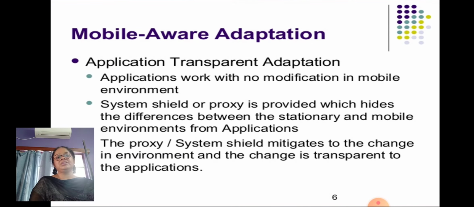Application transparent adoption. Applications work with no modification in mobile environment. A system shield or proxy is provided which hides the differences between stationary and mobile environment from applications. The proxy or system shield mitigates the changes in environment and the change is transparent to the applications.